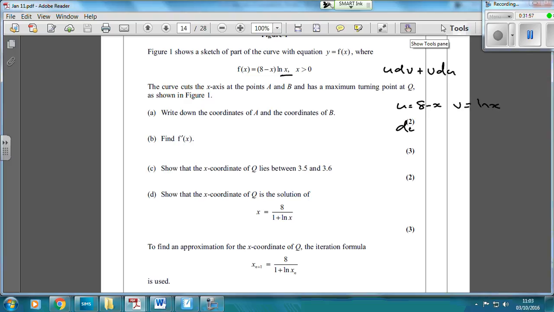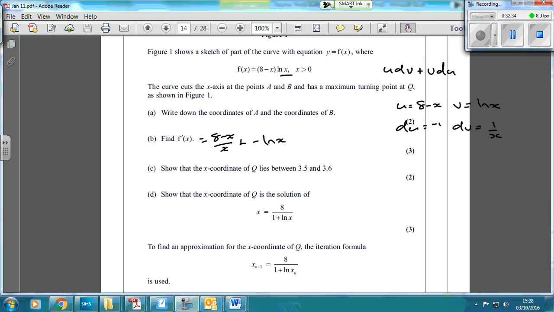So du is dead easy, du is minus 1, and dv, when you differentiate log x, you get 1 over x. So u dv plus v du, we get f dashed of x equals 8 minus x over x plus minus log of x. That's it, that's f dashed of x.